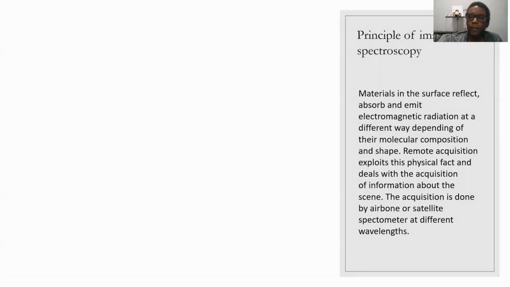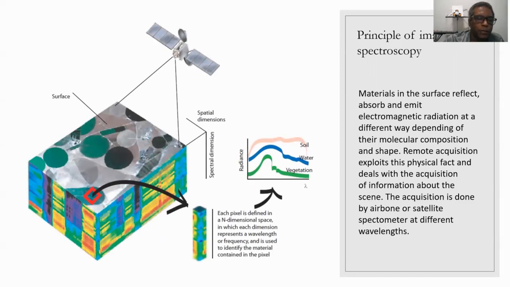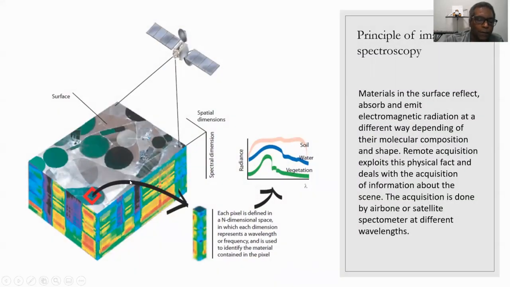But what is the principle of imaging spectroscopy? We can see here in the figure a surface, in this case the Earth's surface, and some images with different shapes and different colors.